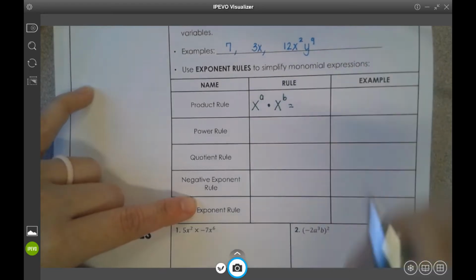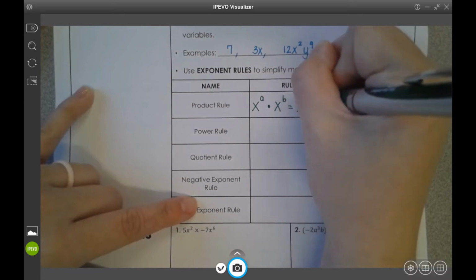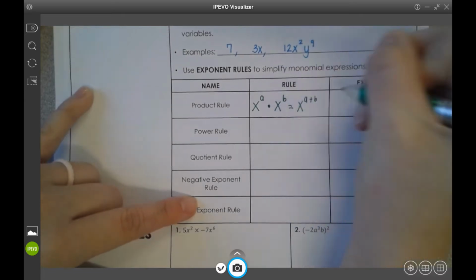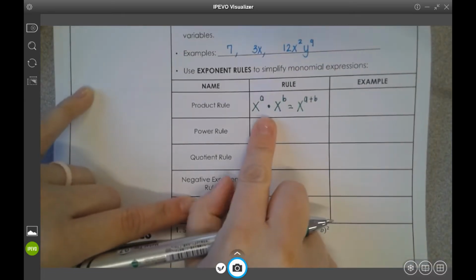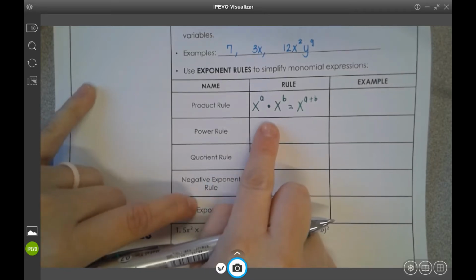You don't multiply the exponents. Does anybody know what you do to the exponents? You combine them, you add them. So x to the a plus b. So if you are multiplying variables, you add the exponents.